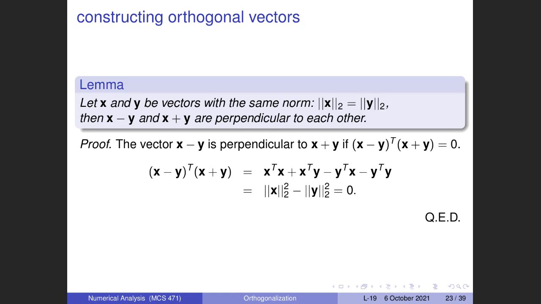Here what we are going to do is normalize the two vectors before we do something with them. That's also to motivate why this lemma is here. Proving the lemma is very straightforward. It follows from the definition.